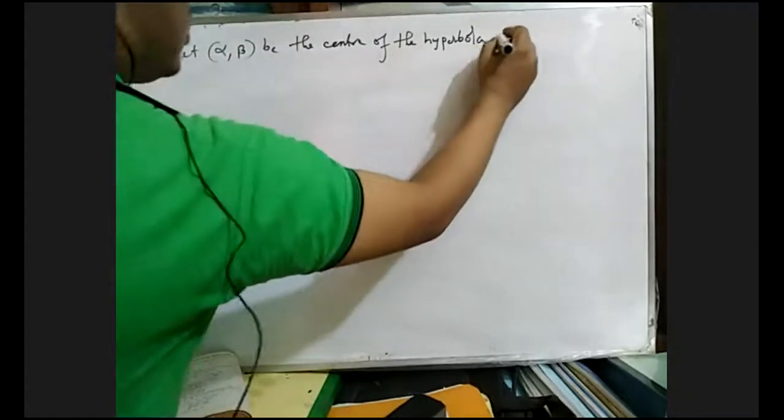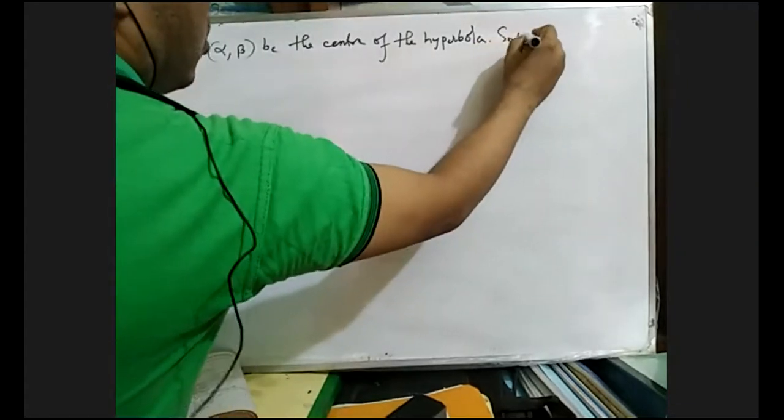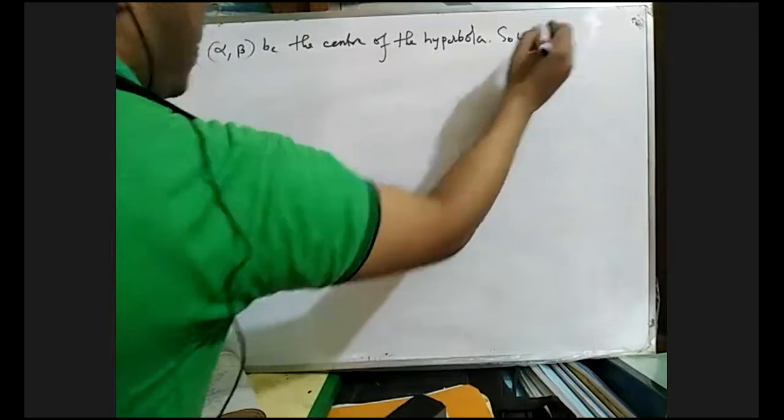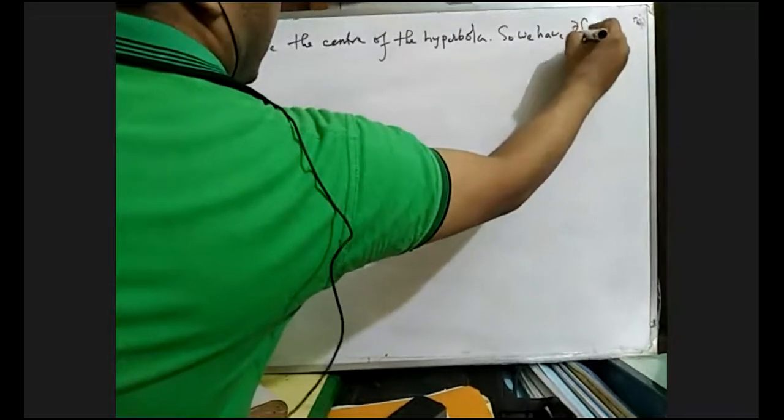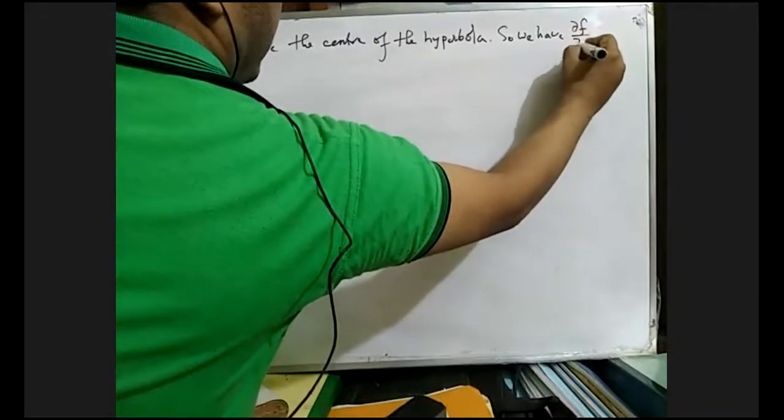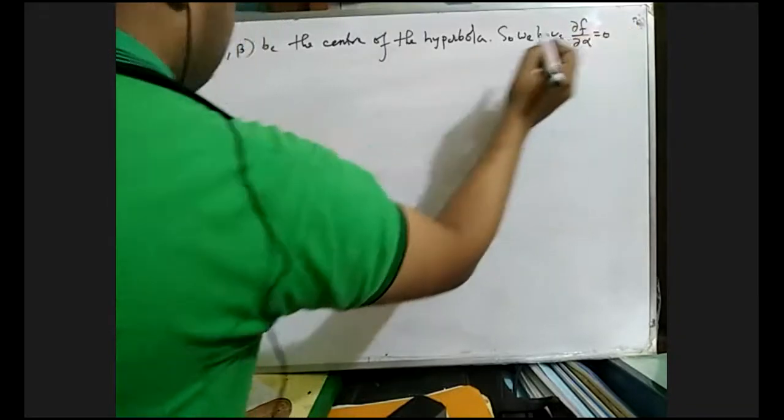Then we have del f by del alpha equals 0.